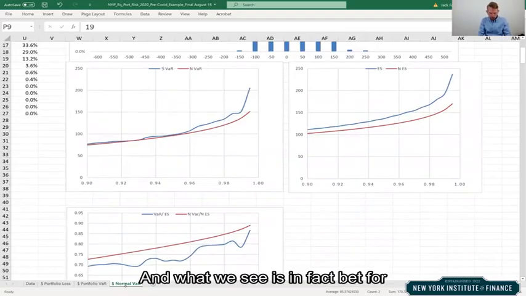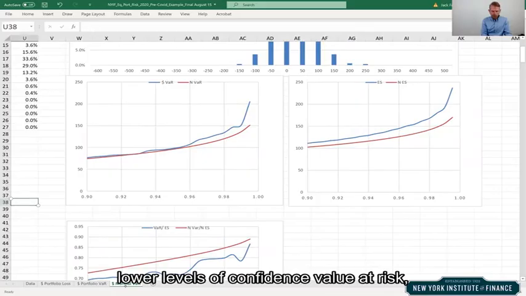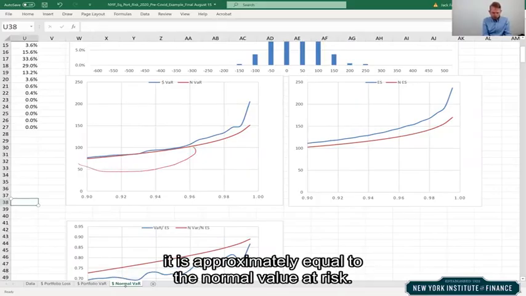And what we see is, in fact, that for lower levels of confidence, the value at risk is approximately equal to the normal value at risk.